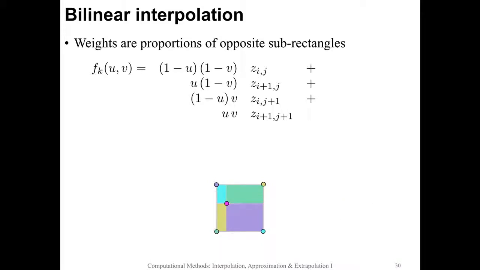And correspondingly, we can continue. The purple area as a fraction of the whole can be written as 1 minus u times v, and finally the brown area as a fraction of the whole can just be written simply as uv. And that's because u represents a proportion along this direction and v represents a proportion along the y direction.